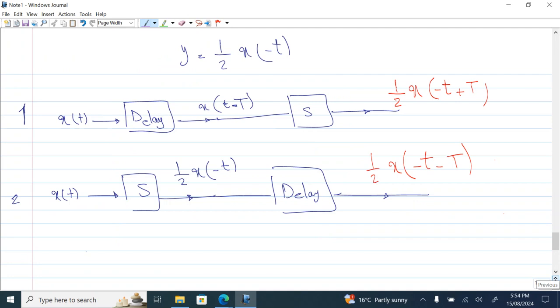If my system multiplies time by a negative sign, here, that's my time. The whole time gets multiplied by a negative sign. While here, t is my time. So only minus t. No worries.